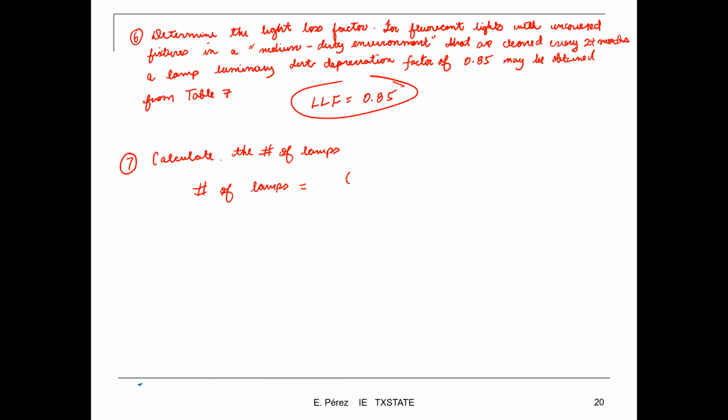In this case, this is 100 times 100 times 40 divided by 0.8 times 0.85 times 3,300. And that is equal to 179 lamps.